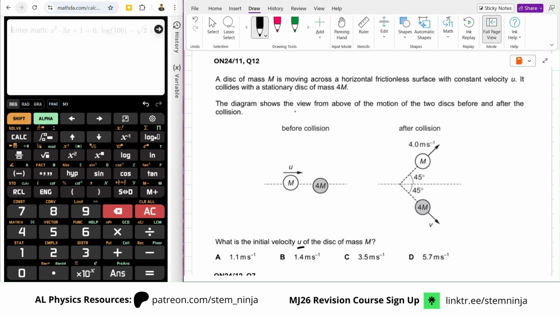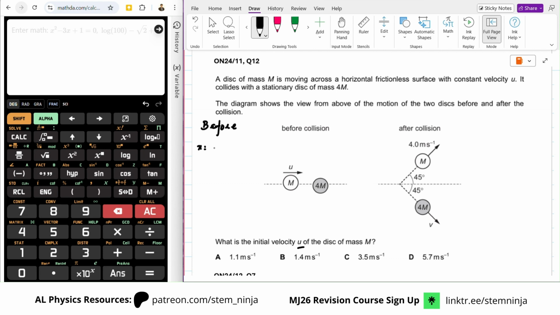Okay, so remember, conservation of momentum works in all dimensions. So if this motion is happening in 2 dimensions, we can make separate equations for x and y motions. So before collision, parallel to x-axis, you have total momentum.